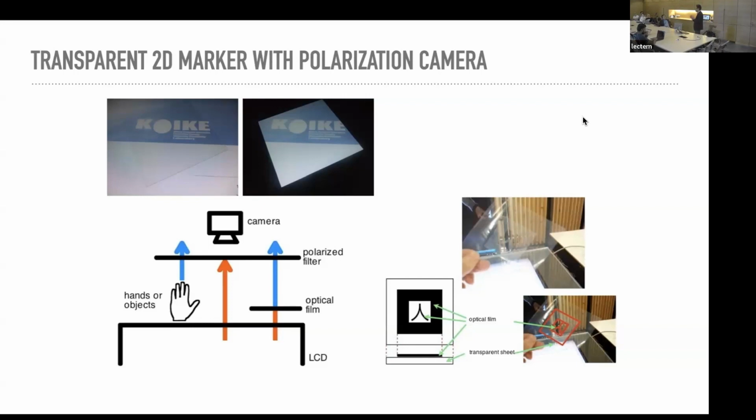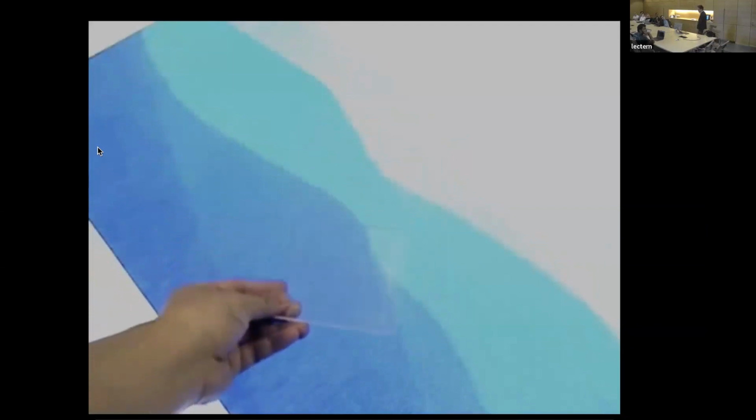I do not want to see such black and white patterns in augmented reality research. So we designed transparent markers, which just work on LCD displays. Yes, videos. So these are the transparent markers.